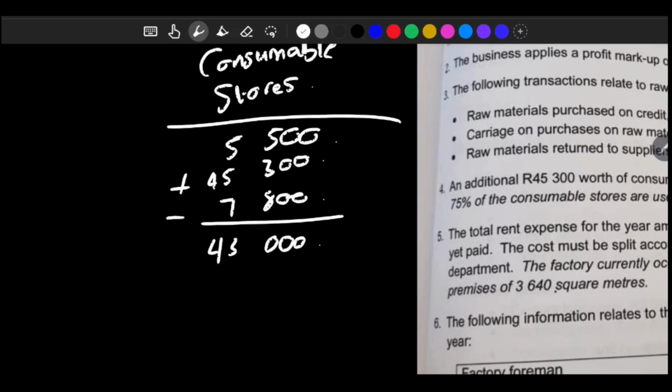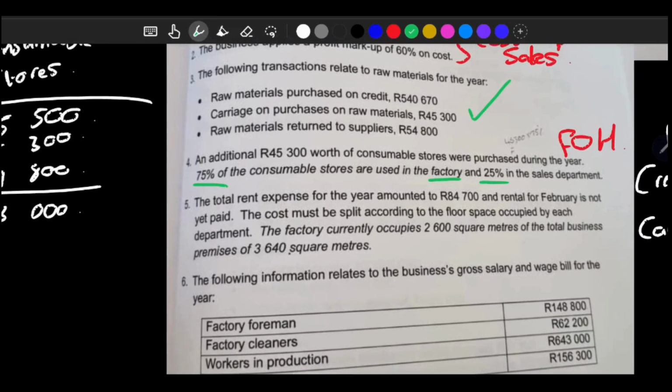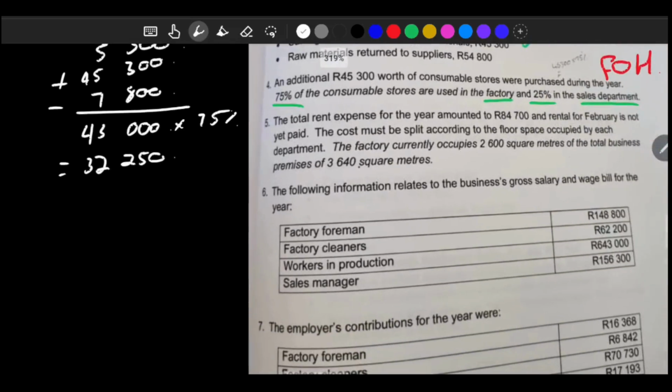But of this 43,000 that we used, 75% was used in the factory and 25% in the sales department. We only want the amount used in the factory. So we multiply the 43,000 by 75% to get our factory-used consumable stores, which gives us 32,250, right? And that is the final answer.